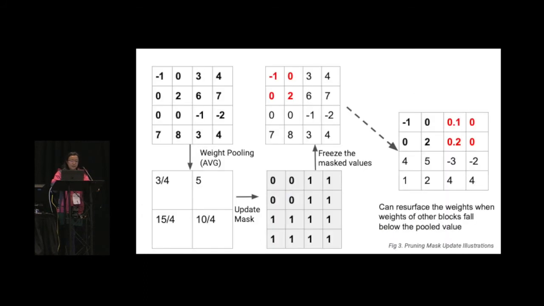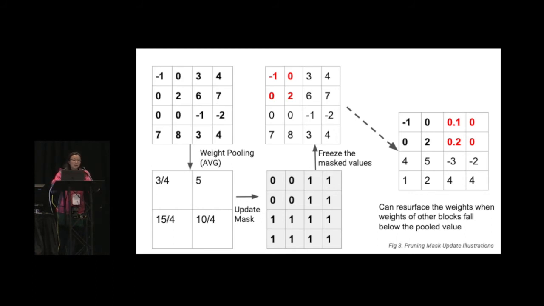And one of the things that we found very, very useful, and want to emphasize here, is that we actually retain the previously pruned weights. And once you have some other blocks whose weights drop below the previously pruned weights, we resurface those weights. So you can see the red block here.